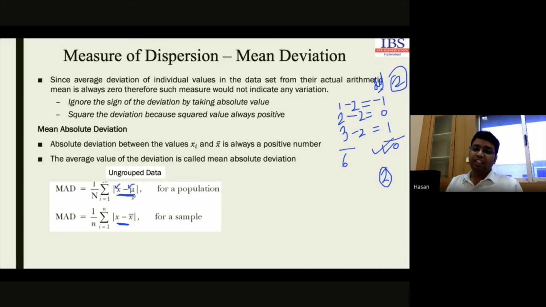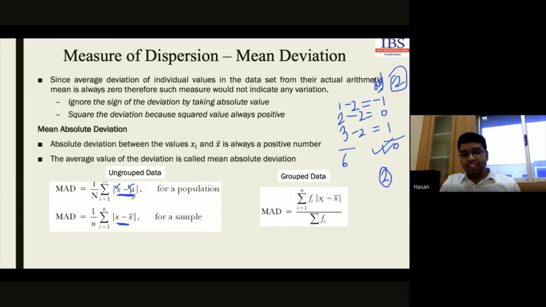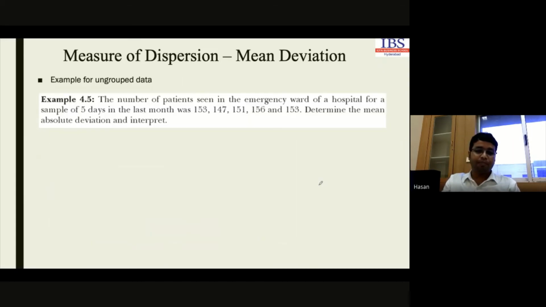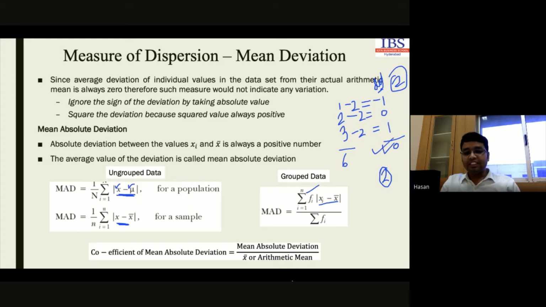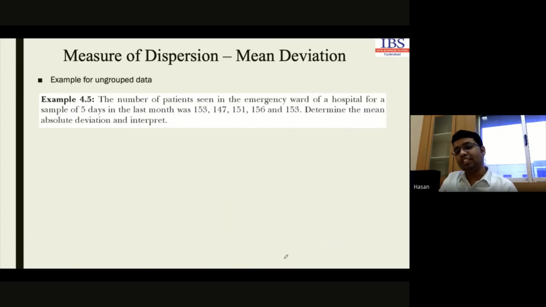That's why it is called mean deviation. If we have group data, we multiply each individual deviation by its corresponding frequency. We will understand this with an example. And the coefficient is the mean absolute deviation divided by the arithmetic mean of the entire data set.